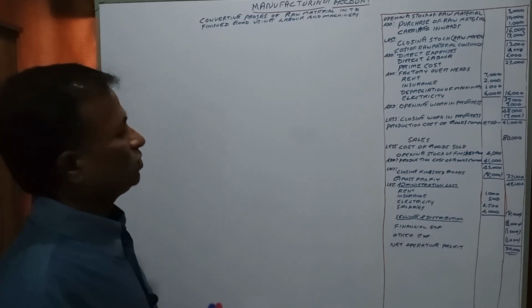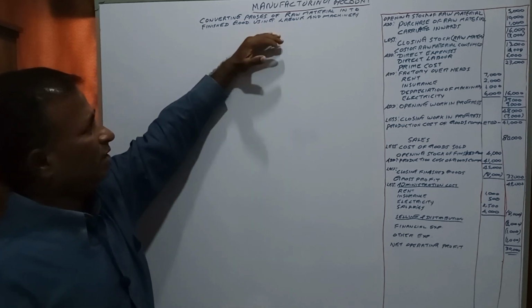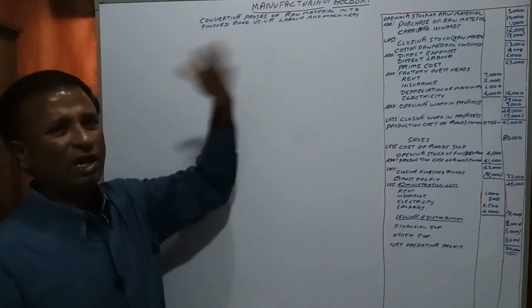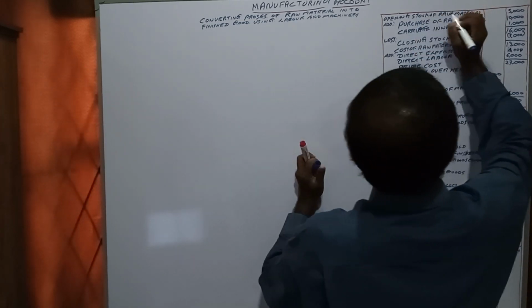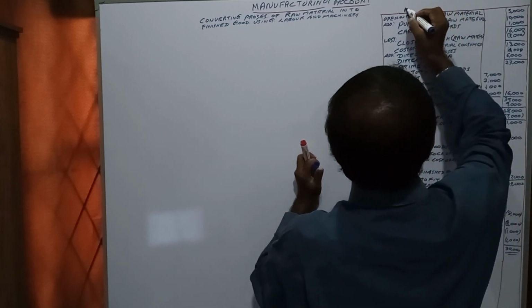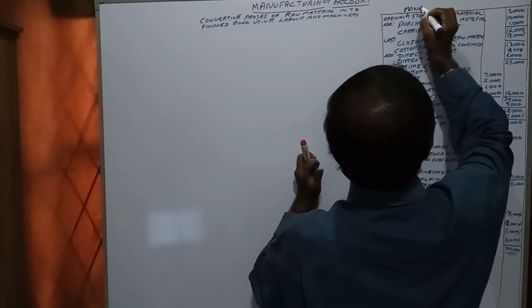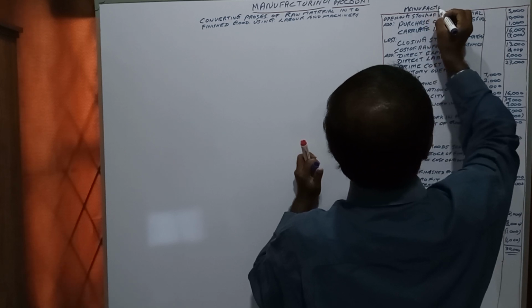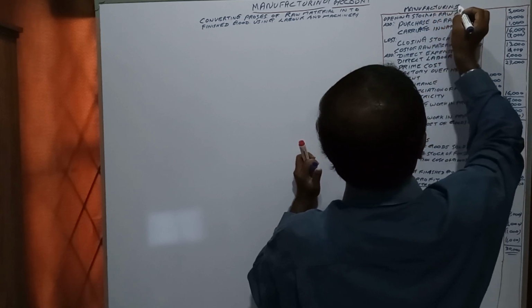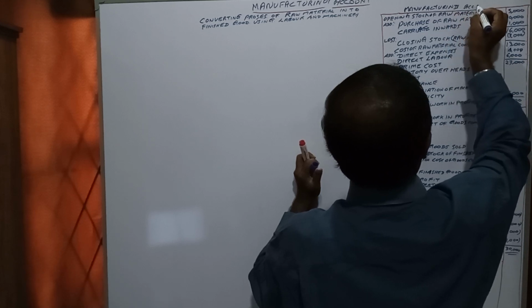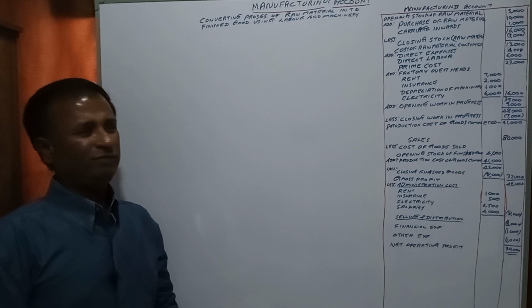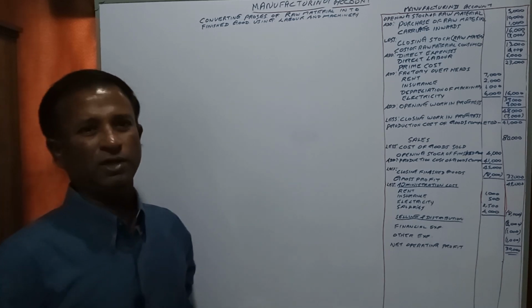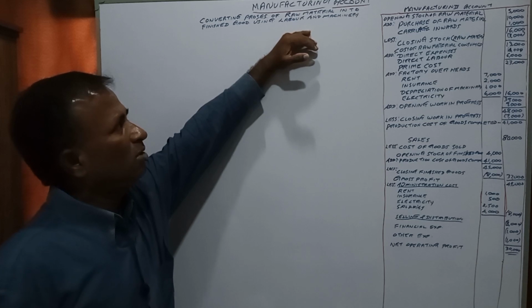Okay, so why do we have to produce the manufacturing account? We can do the trading and profit and loss account. Why do we have to do the manufacturing account?